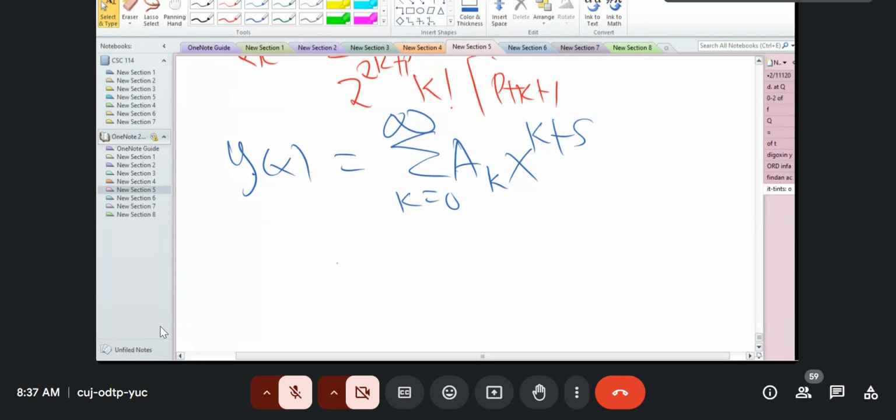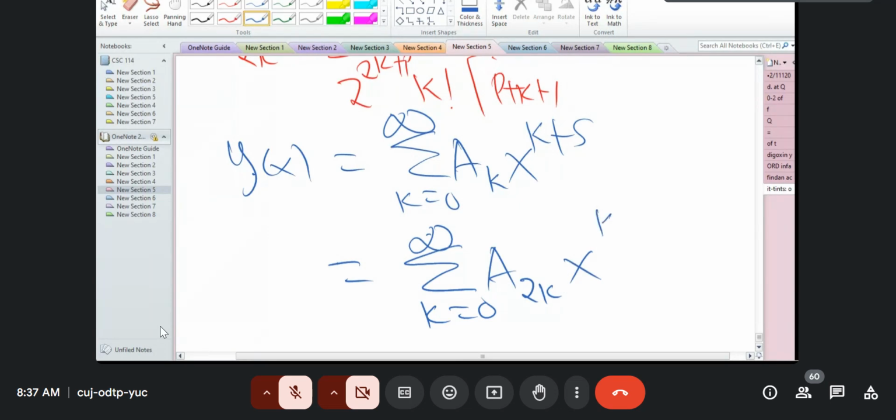So our y of x will be equal to summation k running from 0 to infinity a sub 2k x to the 2k plus s, since in place of k, we have 2k.